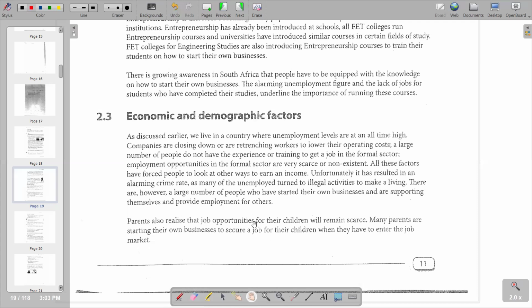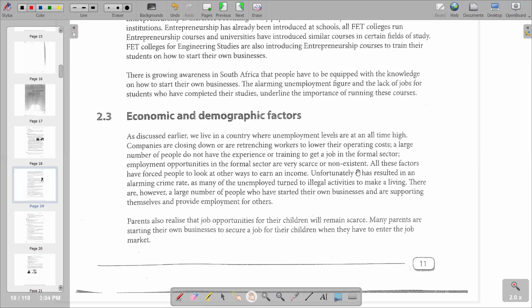So we have the last paragraph, which reads, parents also realize that job opportunities for their children will remain scarce. Many parents are starting their own businesses to secure a job for their children when they have to enter the job market.